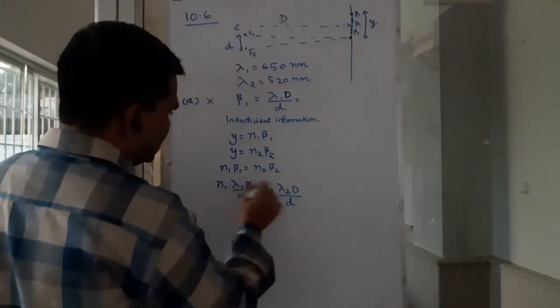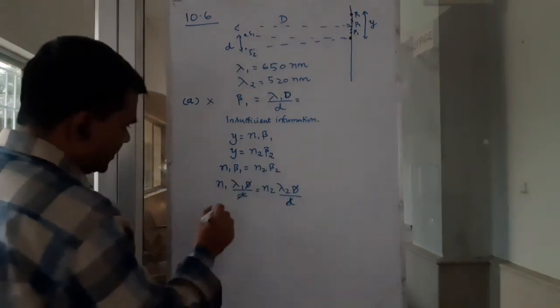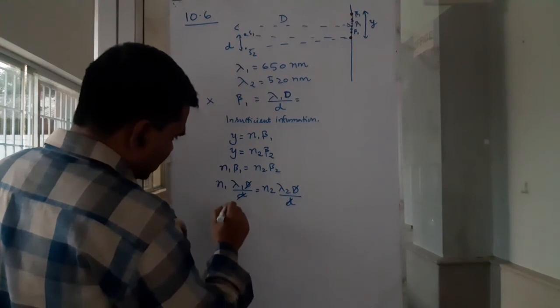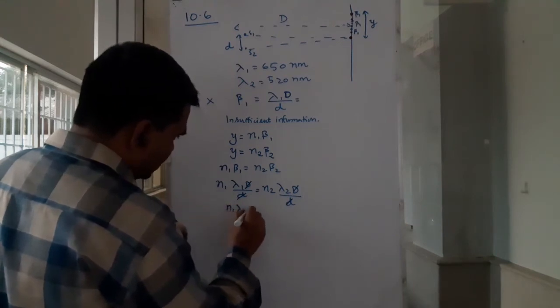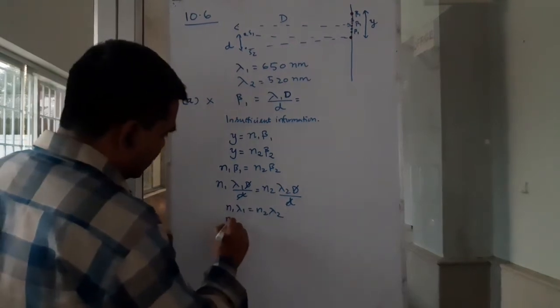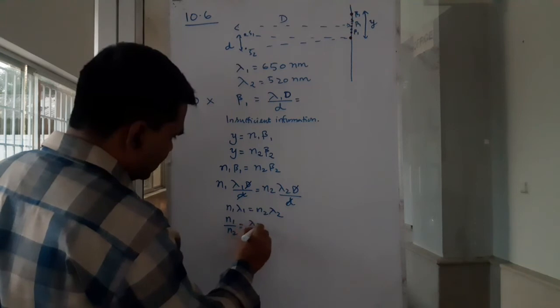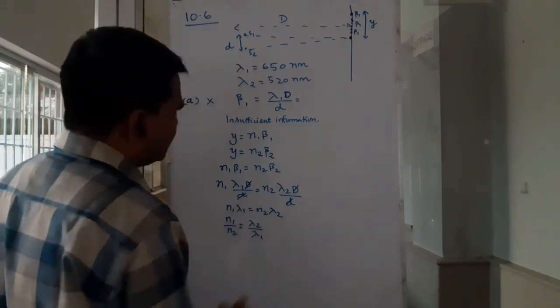Okay, so D and D can cancel, and small d and small d can cancel. Then from this you can say that n1 lambda 1 must be equal to n2 lambda 2. So n1 by n2 must be equal to lambda 2 by lambda 1.